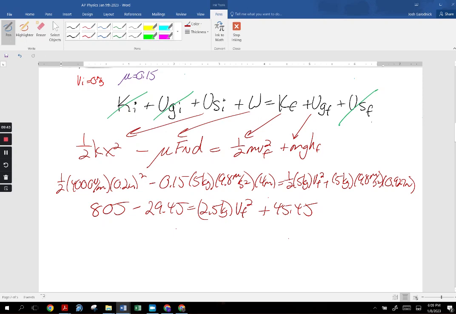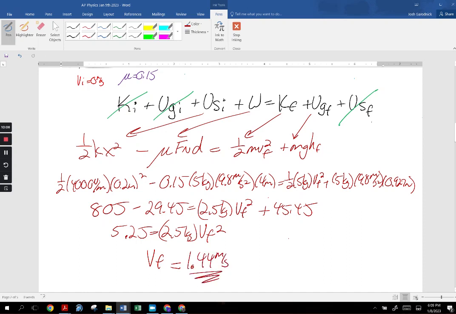So we're getting there. I got 5.2 joules equals 2.5 kilograms Vf squared. From here we can say the final velocity, not squared, just final velocity, is the square root of 5.2 divided by 2.5, which is 1.44 meters per second.